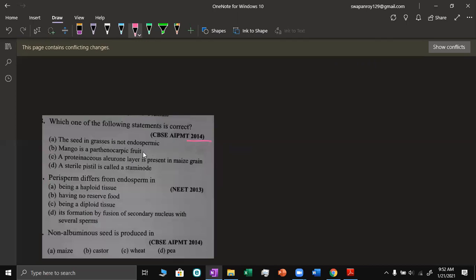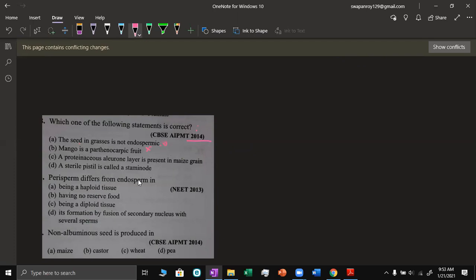CBSE AIPMT question: which of the following statements is correct? Seeds in grass are not endospermic. This is a wrong statement because grass seeds are endospermic seeds. Mango is a parthenocarpic fruit. No, this is also wrong.